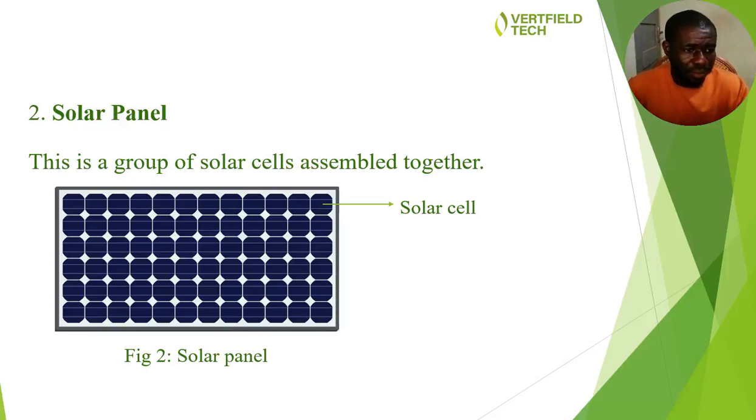However, your solar panels should have nothing less than 60 to 70 to 72 solar cells, depending on the size of the solar panel, depending on the type of the solar panel, and also depending on the manufacturer of your solar panel.